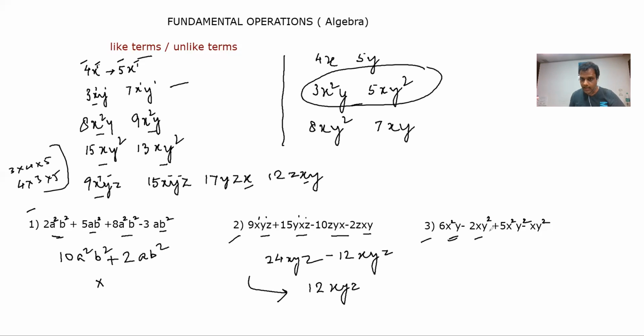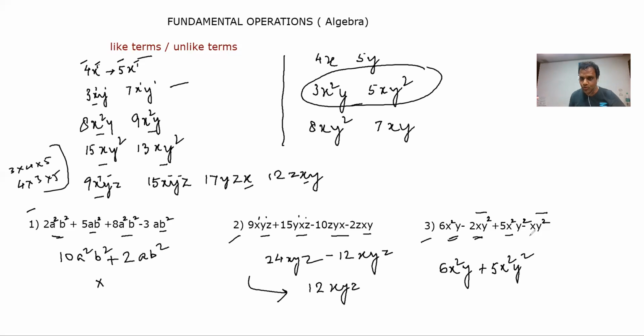There is anything x square y here, but xy square and xy square, these are similar terms. These are like terms. So what I'm going to write is 6x square y plus 5x square y square, because again, this is a term which is not a like term with anybody. So I cannot simplify. I'll have to write it as it is.